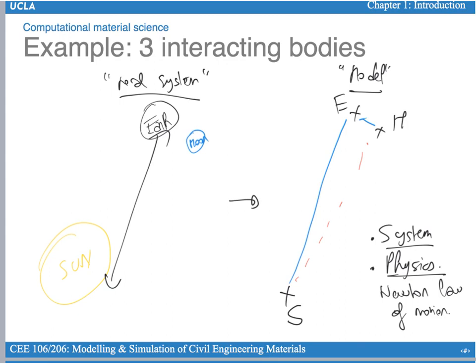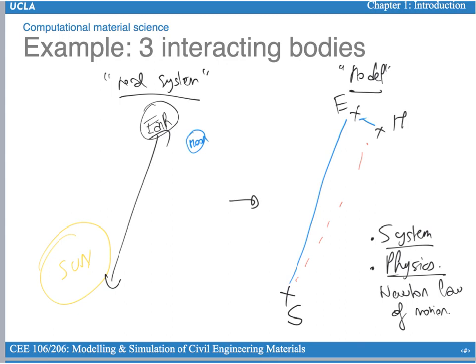You will need to figure out the right level of simplification for the system itself and the physics governing it: what are the key features that I need to keep, and what are the features that I can filter out because they do not significantly affect the behavior of the system that I'm trying to study.